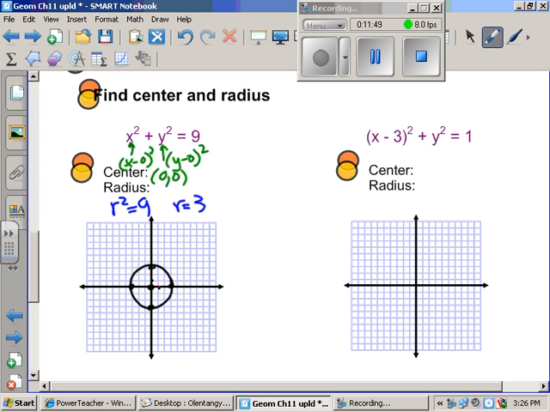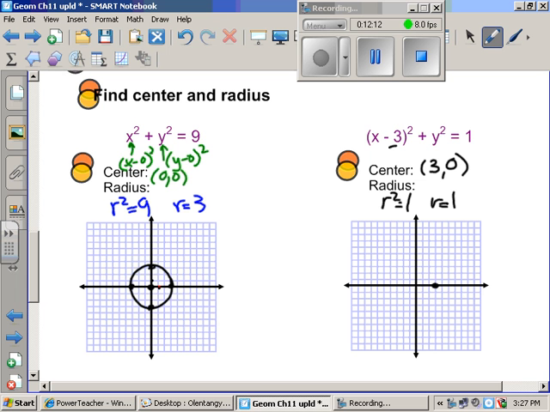All right, let's try another one. Remember this is y minus 0, so my center is at (3, 0), and r squared is 1, so r is also 1. So my center is at 1, 2, 3, 0.